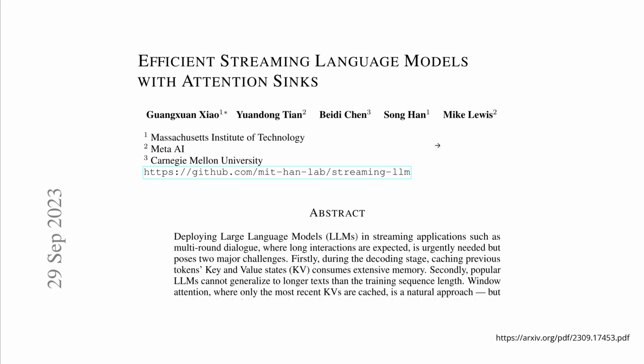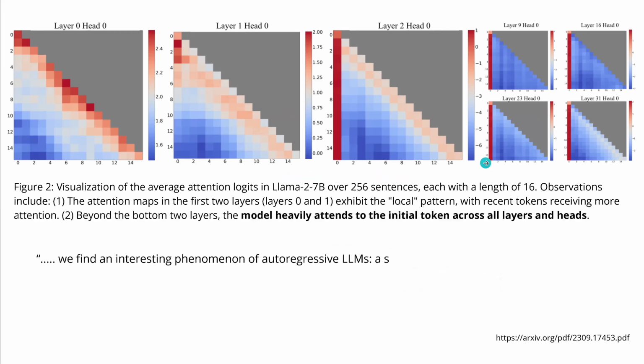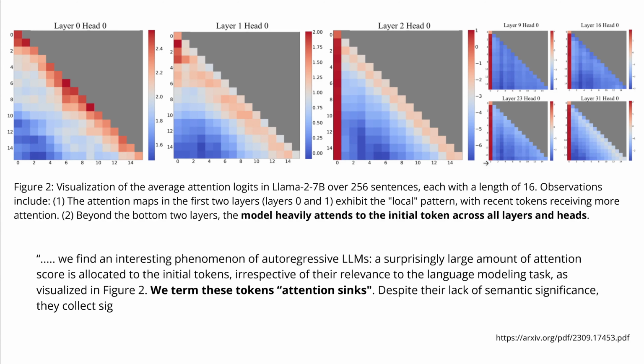In every paper, you have a main idea, and everything is on the shoulder of one main idea in this paper. And here we have the main idea. I give you Figure 2 of the original publication, and the exact quote from the authors. They look at the average attention logits of a Llama 2 model, and they say that they find something. If they plot the attention maps of the first two layers, this is okay.